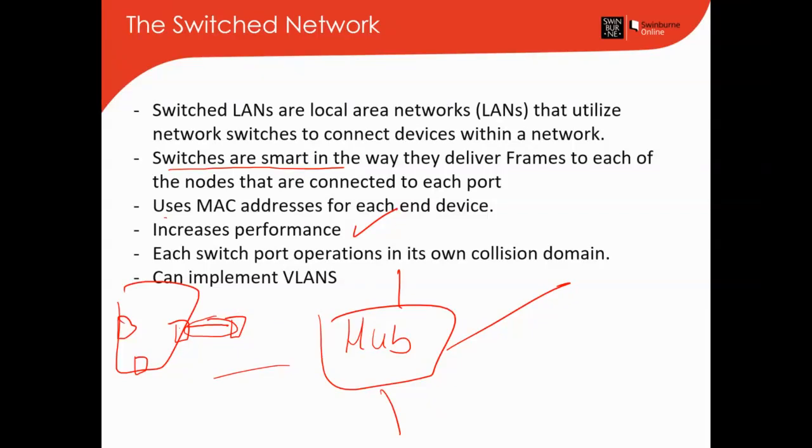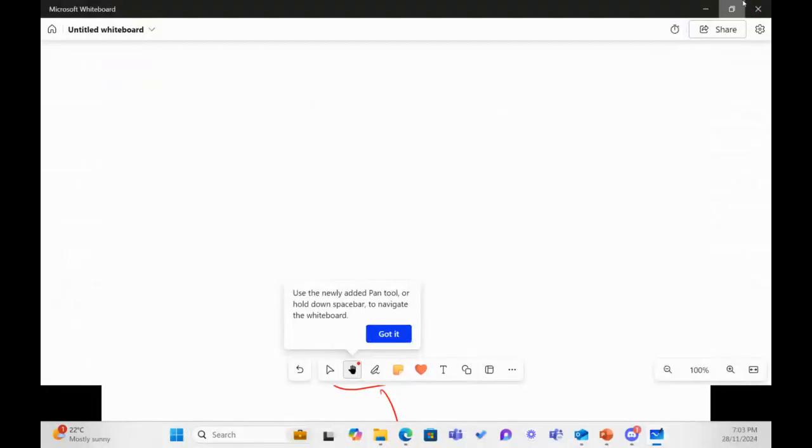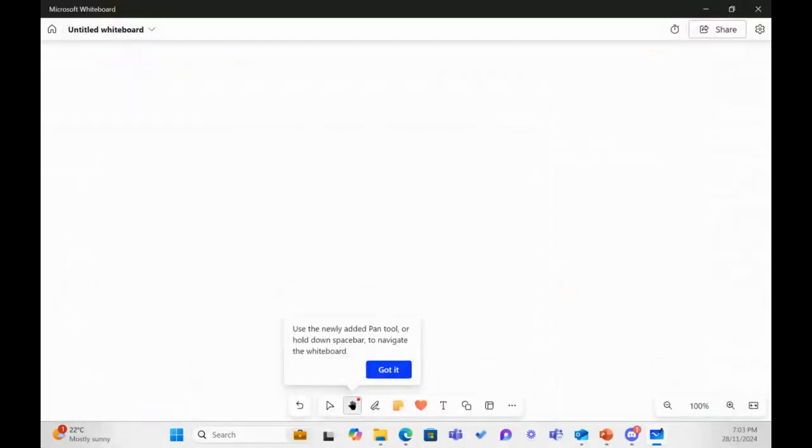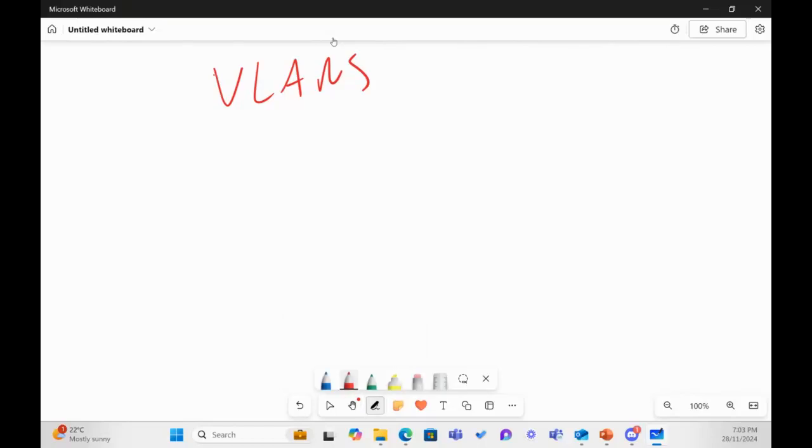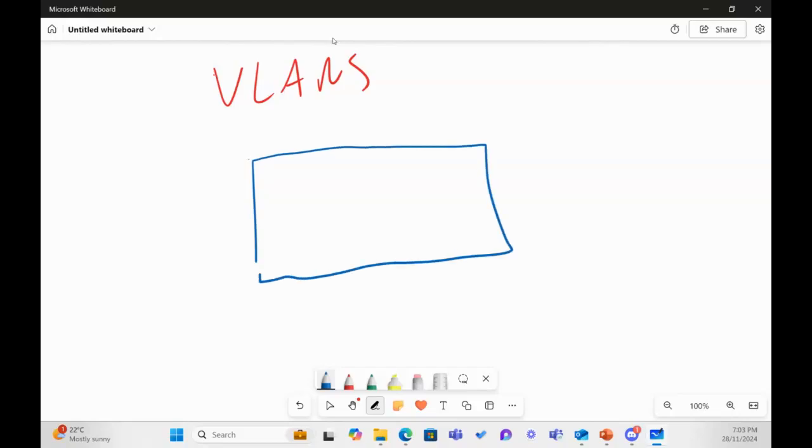Now, here's something interesting about switches, though. We can do something called VLANs on switches. And this is how VLANs work. We get a switch. Say we are in human resources.